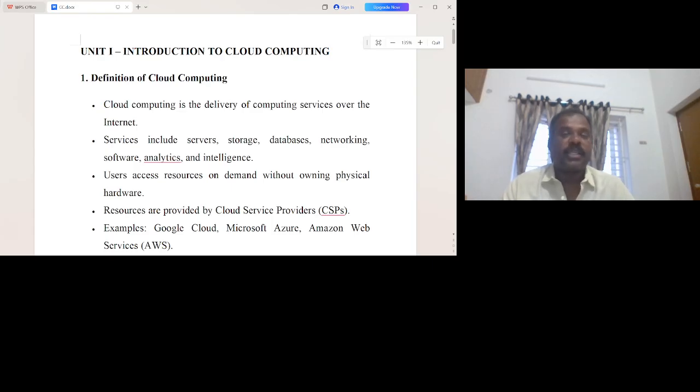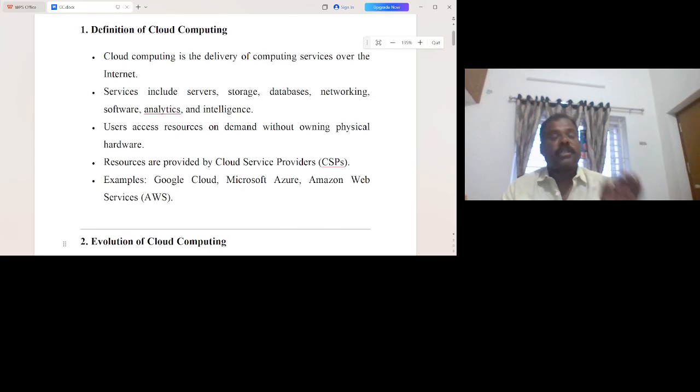Resources are provided by the CSP, which means Cloud Service Provider. This is the main thing: all the cloud resources are provided by the cloud service providers. For example, Google Cloud and Amazon Web Services. These are some basic examples.